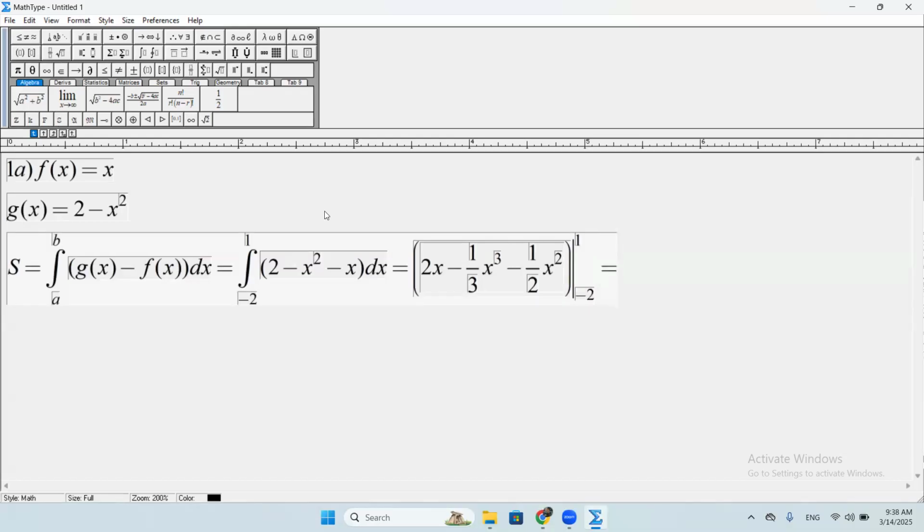And now let's calculate. So here 2 minus 1 over 3 minus 1 over 2. And here if we substitute, minus 4 plus 8 over 3 and minus 2.